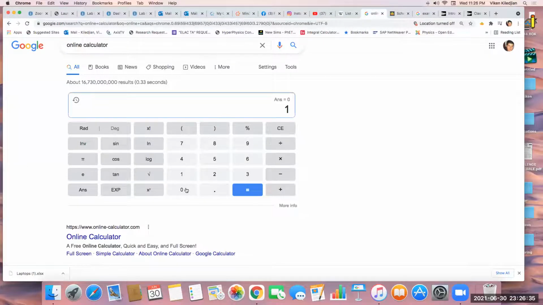So 10 to the power 3.6 divided by 5. 5.25 parsecs away. Is that the answer they got?